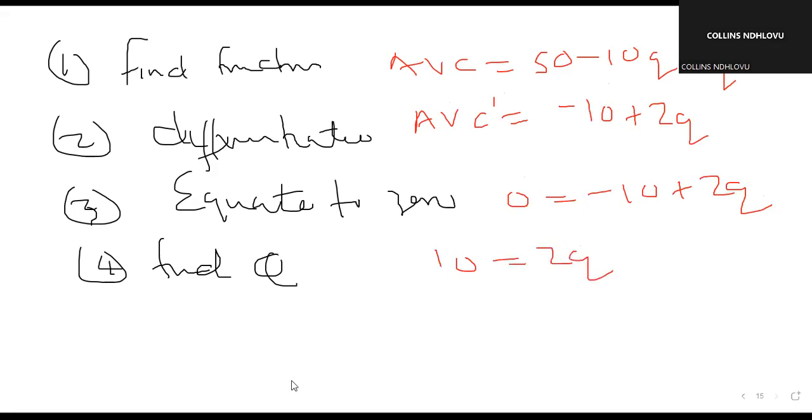So divide both sides by 2. So meaning what is our Q? 5. So this is the output that minimizes average variable cost. Is this clear? Are we all together?